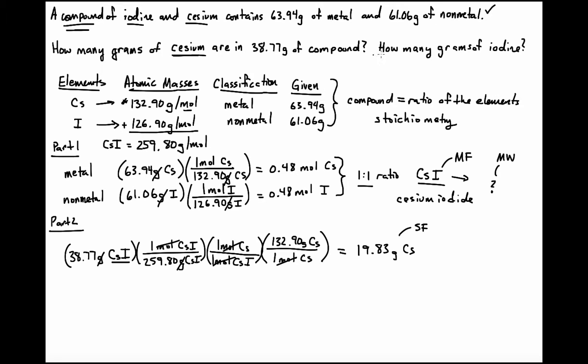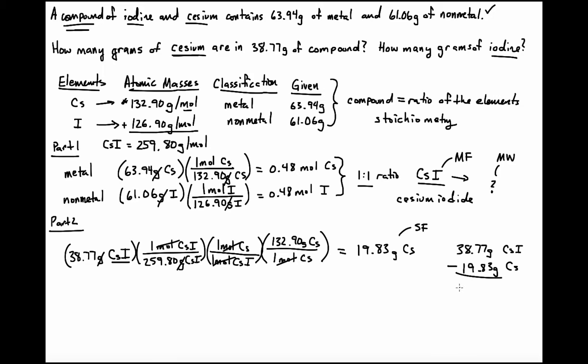So the second part is asking how many grams of iodine. So you can do this 2 ways. The easiest way is simply taking 38.77 grams of compound. We've already determined that 19.83 grams of that weight is cesium.